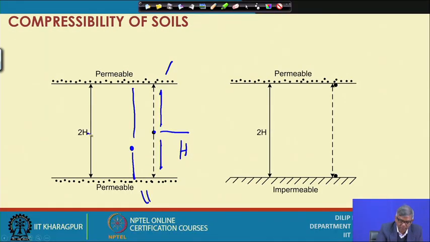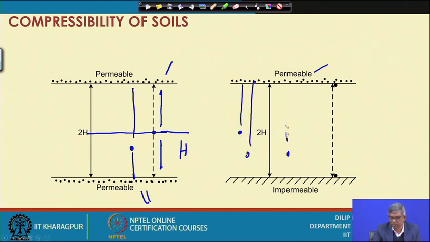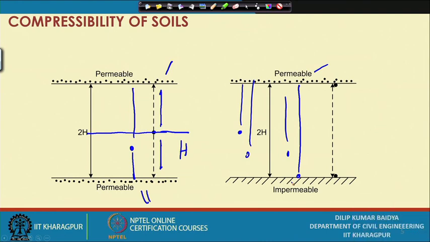So, because of this, the maximum or longest travel path for water is half the thickness of the layer. Whereas, if one side is impervious and the other side is permeable, then water particles will dissipate from different points in one direction, but the maximum distance to travel is from here to here. That is called one way drainage, and for one way drainage the longest path a water particle travels to dissipate the pore water pressure is equal to the thickness of the layer.